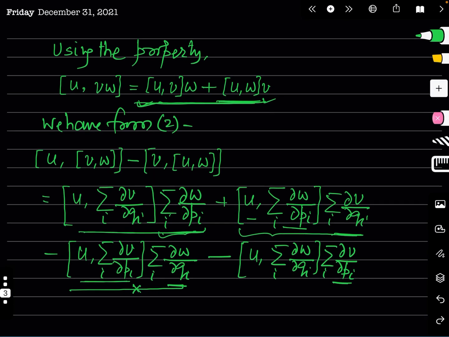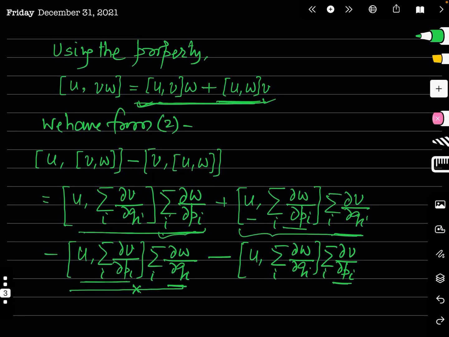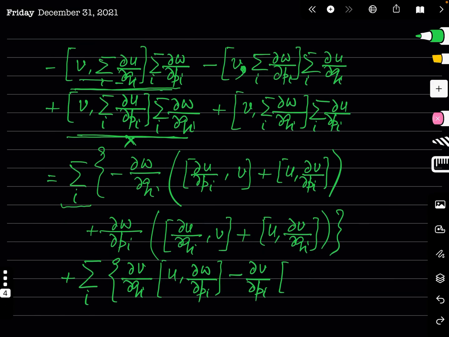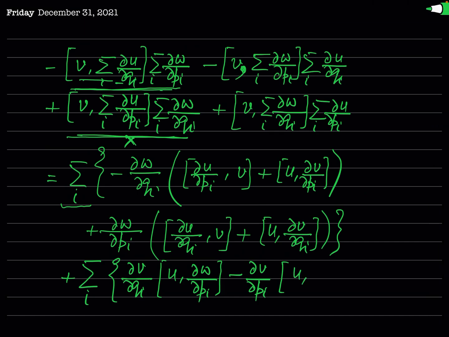This is del v by del pi times Poisson bracket of u and del w by del qi.